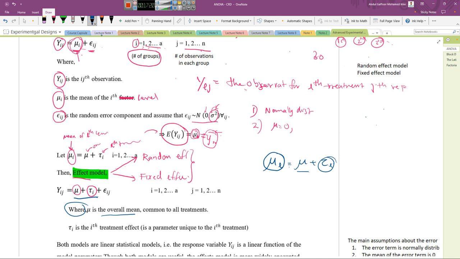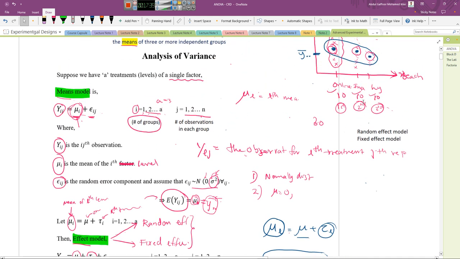This is very important. Here this mu is common to all treatments. How did we find this mu? Mu is equal to the summation of mu I divided by a. In the example that I explained using the teaching method, n is equal to 10 and a is equal to 3.